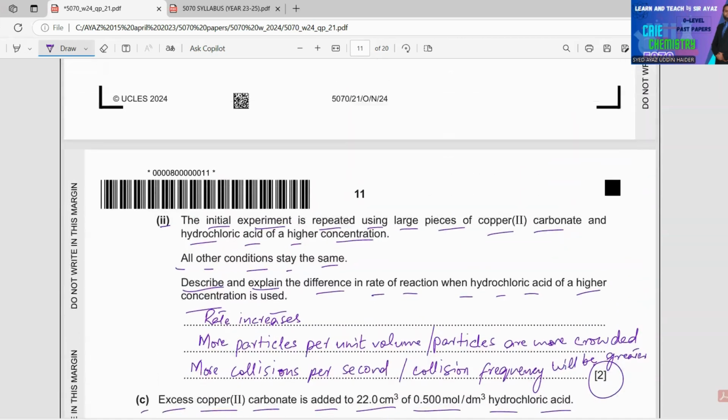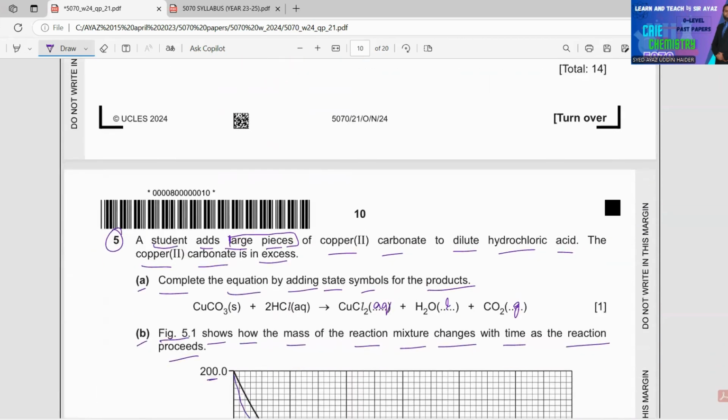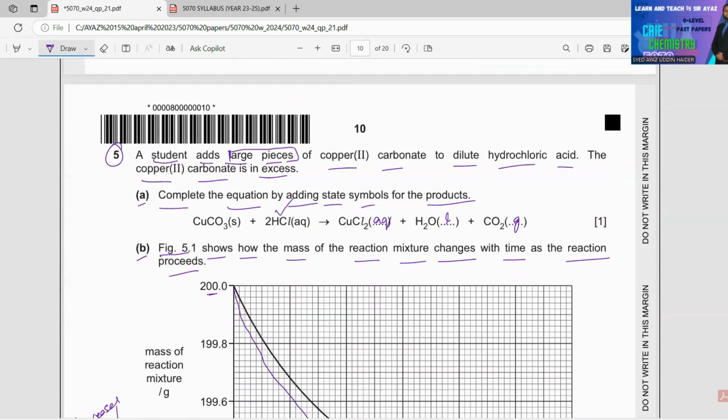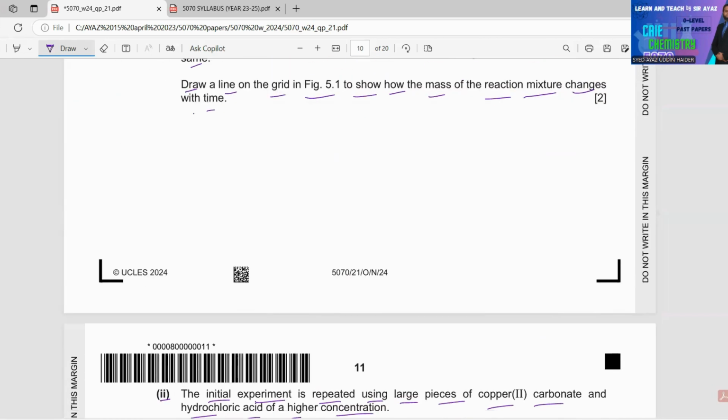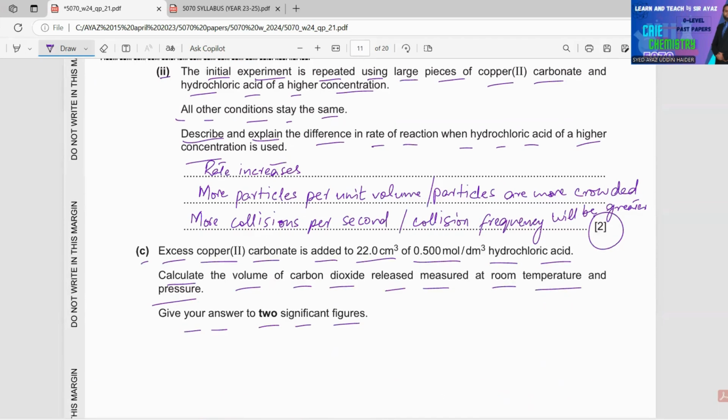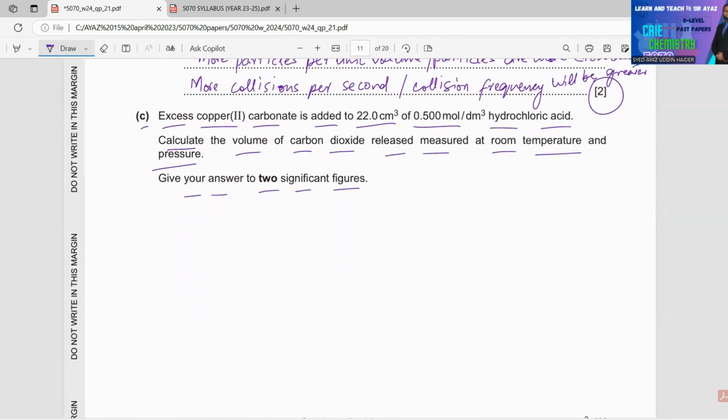So I'm going to show the relationship between hydrochloric acid and carbon dioxide using this equation. We have 2 moles of hydrochloric acid and 1 mole of carbon dioxide. So write 2 moles HCl giving 1 mole of CO2. This information will be needed later on.